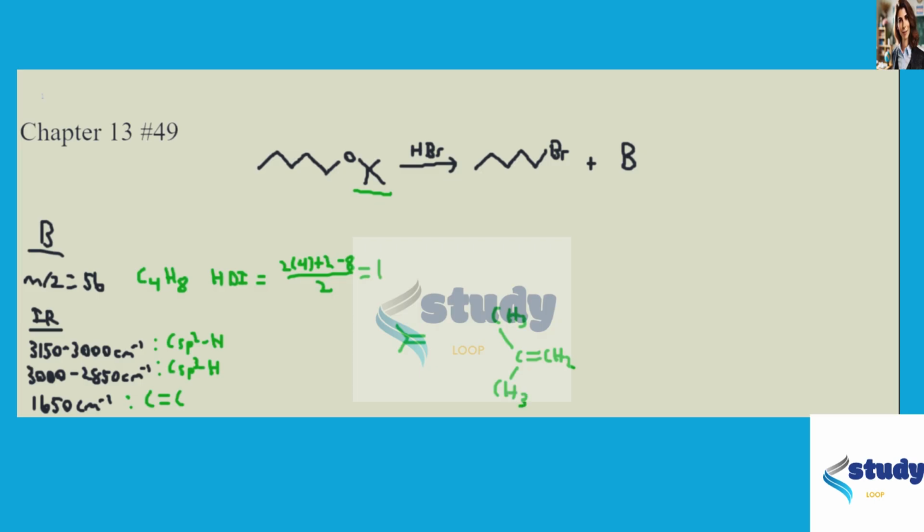Okay, and so that's the correct answer, but we are also asked to draw a mechanism, and I'm going to do that on this fresh page. So here's our starting material.